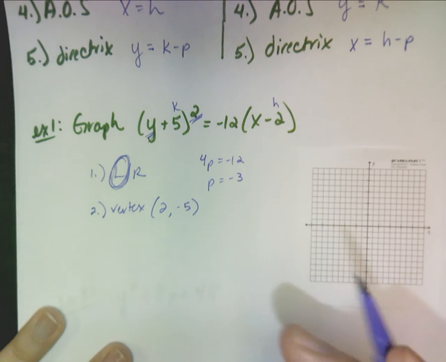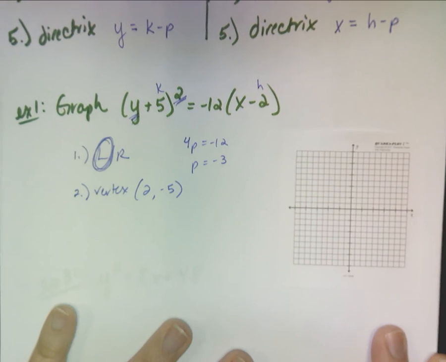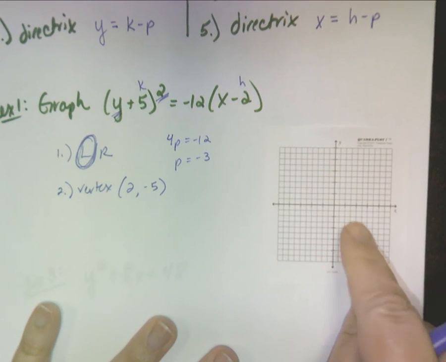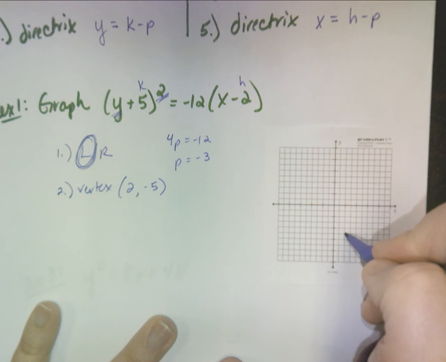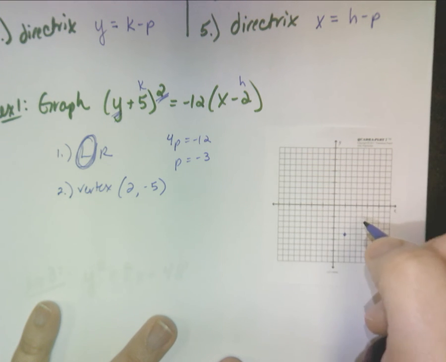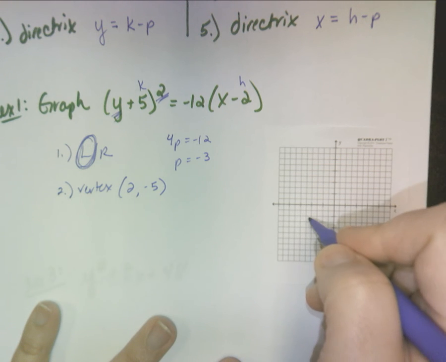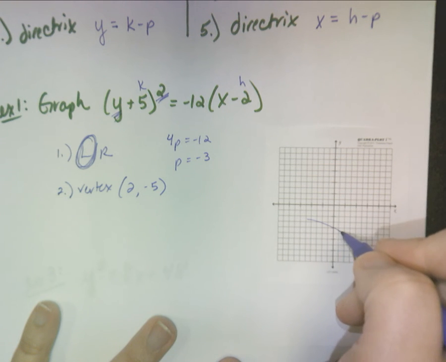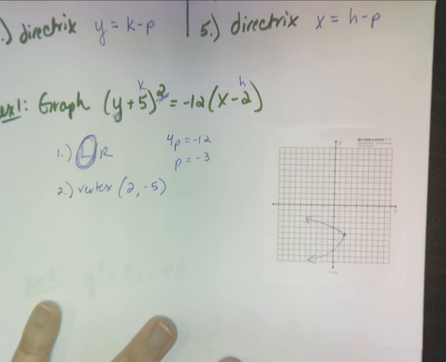Now, at this point, I actually start to graph. I am going to go to my graph right here, 2, negative 5. So 2, negative 5 would be right there. I'm going to open it up to the left. I don't need you to be too crazy here. Just open it up to the left. That's where it's opening.